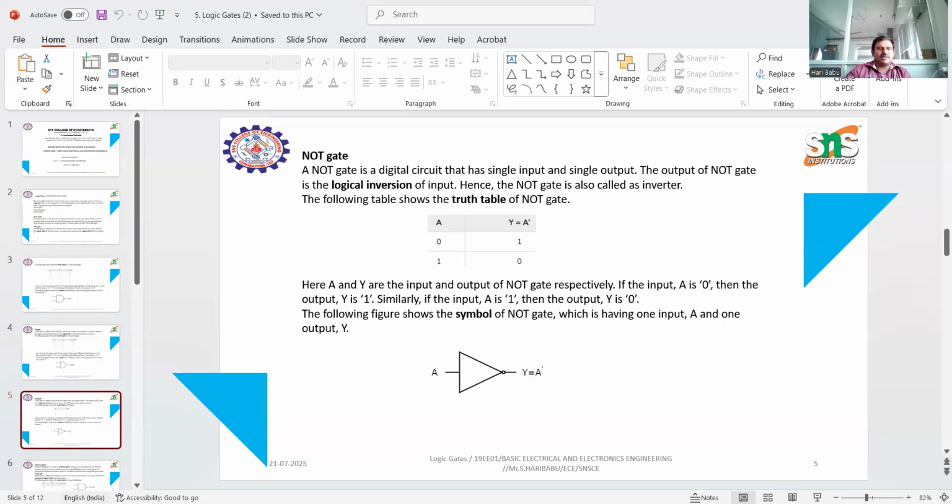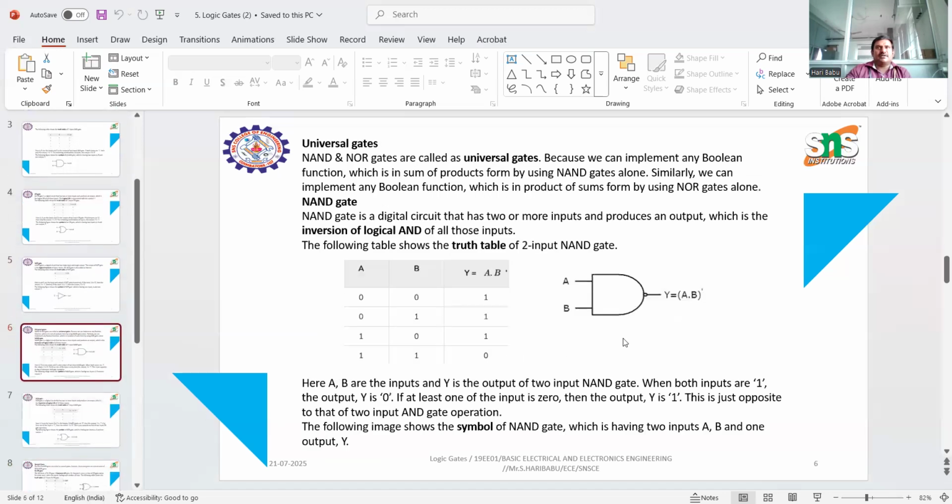Next is the universal gate. A universal gate can be used to build the AND gate, OR gate, and NOT gate, as it can convert into those. By using the NAND gate or NOR gate, we can get those things.